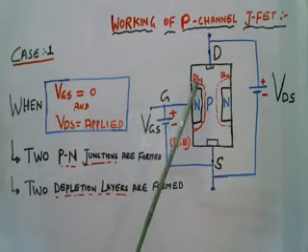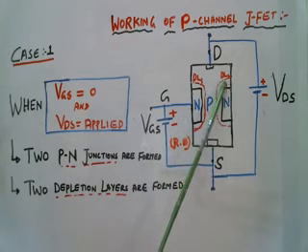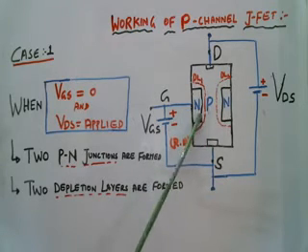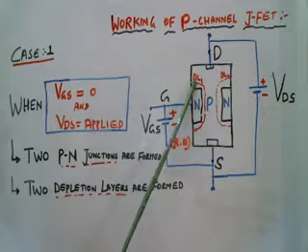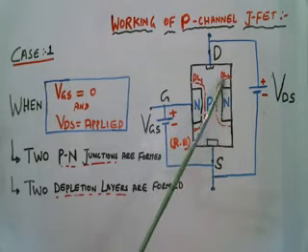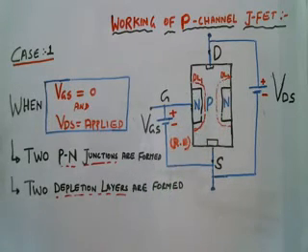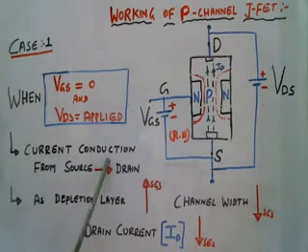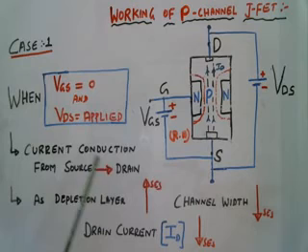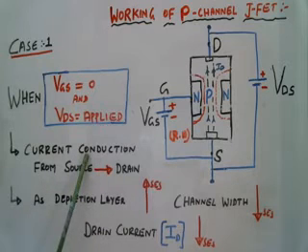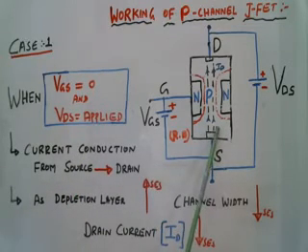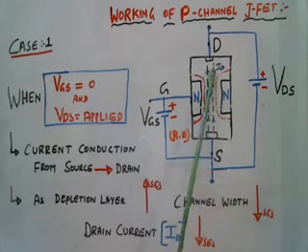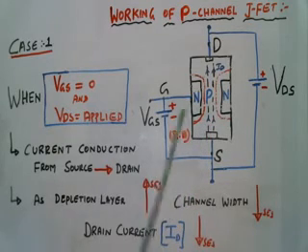So this is depletion layer 1 and this is depletion layer 2. There is current conduction from source to drain. What is current conduction? Flow of current. It is indicated by these black dotted lines. This is the current ID, the drain current ID.